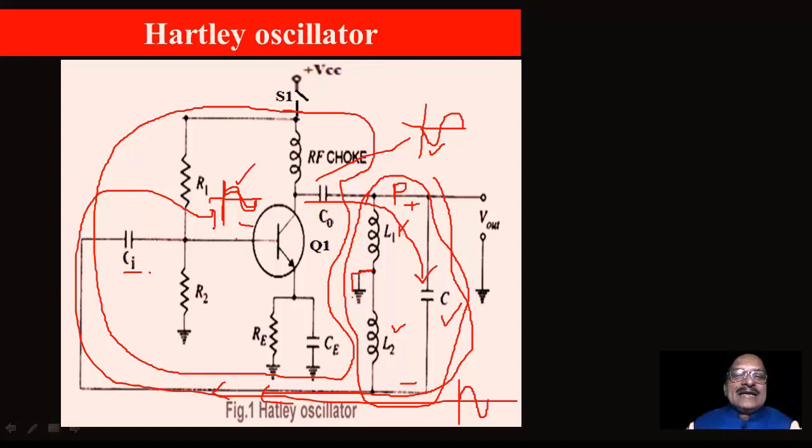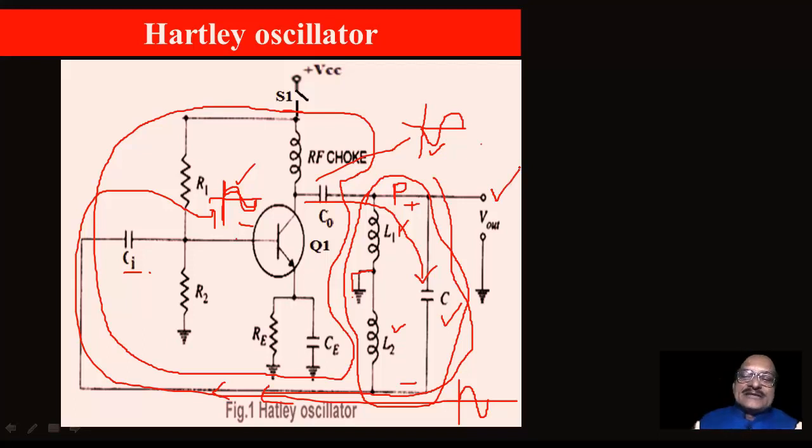For an amplifier circuit to work as an oscillator, there must be positive feedback, and that is satisfied. Therefore, when the Barkhausen criterion, that is A beta equal to 1, is satisfied, then the circuit starts producing electrical oscillations at the collector. So we get the output AC voltage at this point.